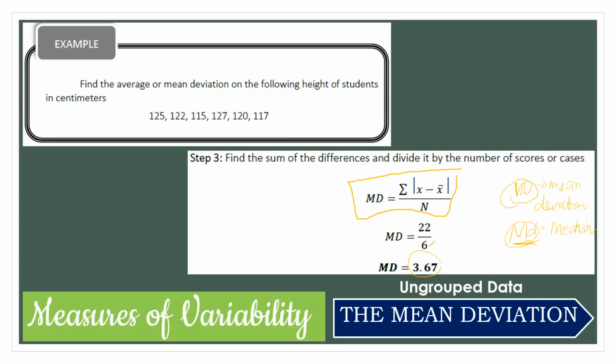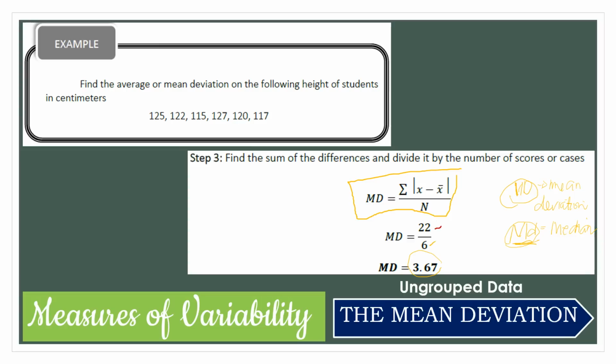Next, for step 3, we find the sum of the difference and divide it by the number of scores or cases. We simply substitute the values that we have obtained in step 1 and 2 to our formula. Okay, so the sum of the difference between the values of x and the mean is 22, right?